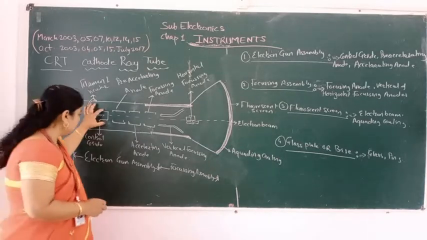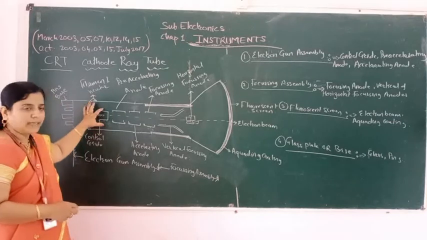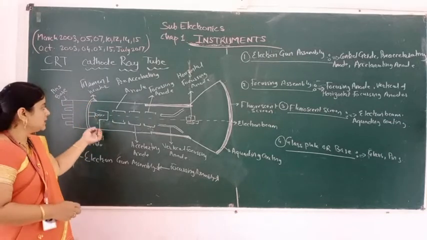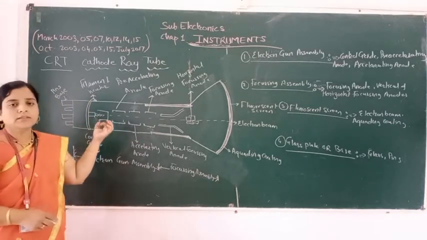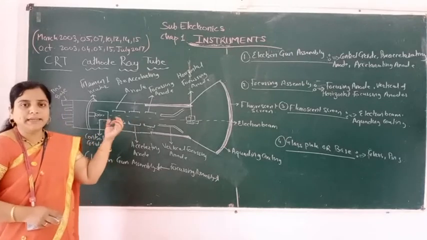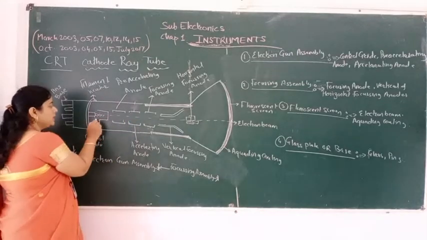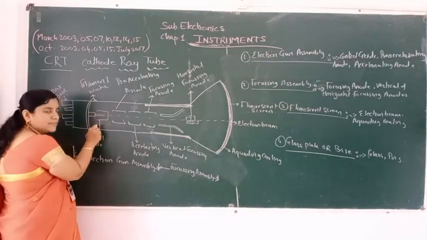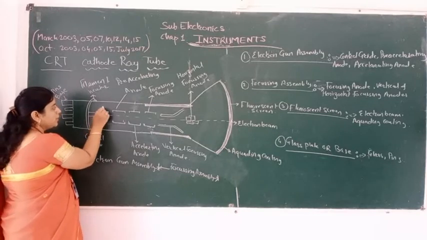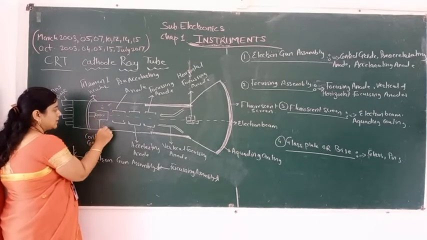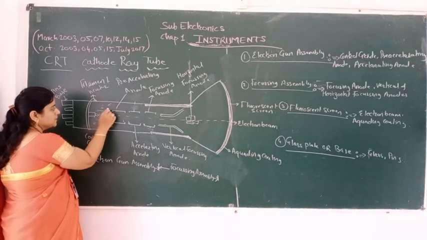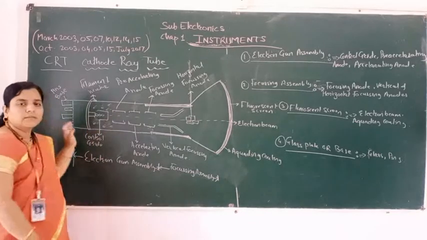When it starts heating, this control grid starts working. Electrons are emitted. When the filament starts heating, electrons start moving randomly.